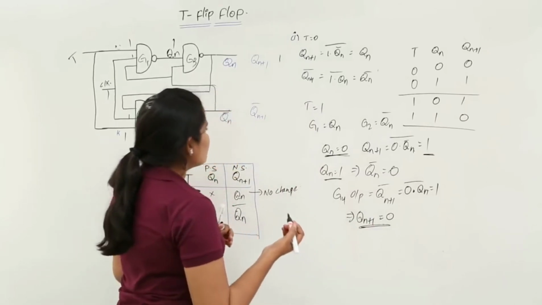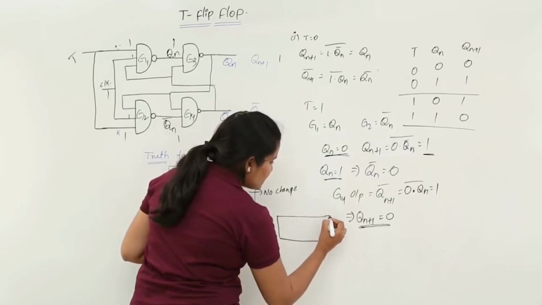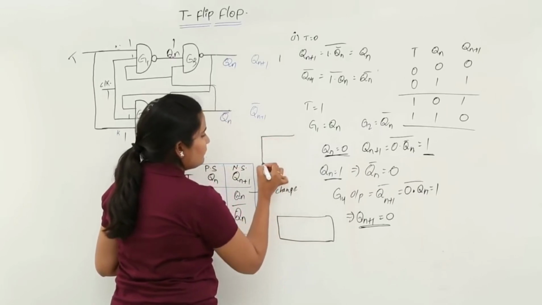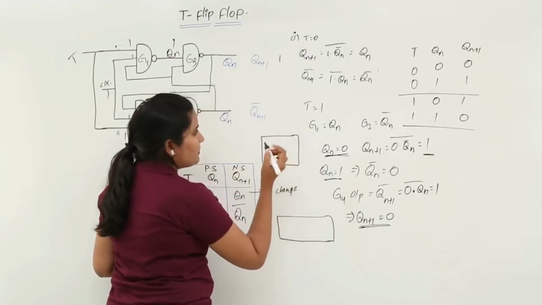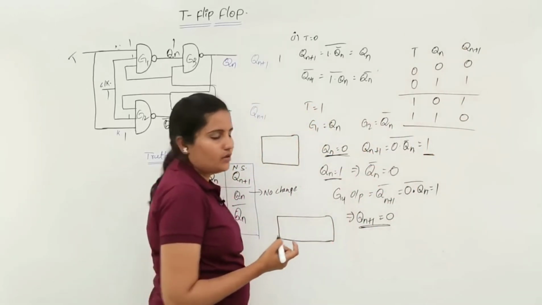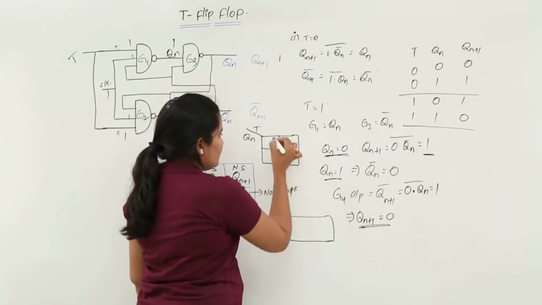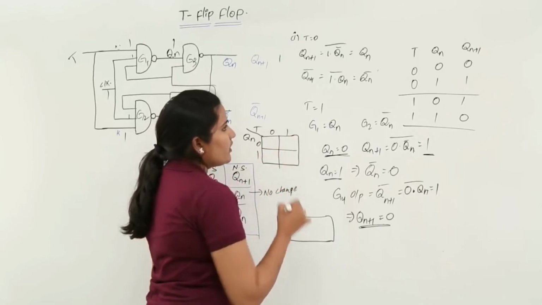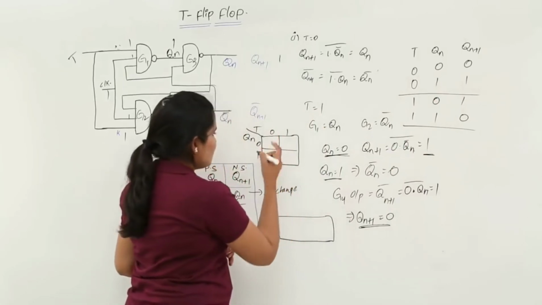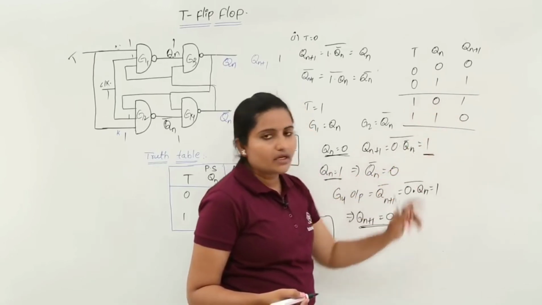Now this is the time to draw K map. How many variable K map you need to consider? I am considering a 2 variable K map. Why? Because it is enough to consider a 2 variable K map here, because for this output the 2 possible inputs are T and Qn only. So I am considering Qn and T like this, a simple 2 variable K map, where you are having your ones at T equal to 0, Qn equal to 1, and at T equal to 1, Qn equal to 0.